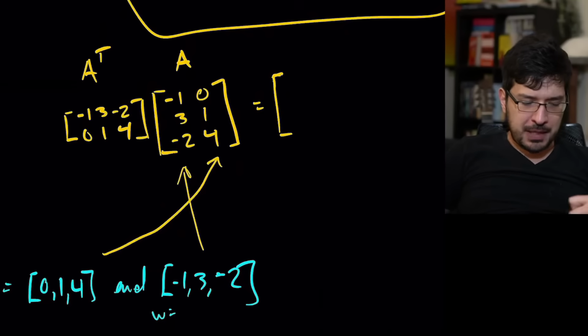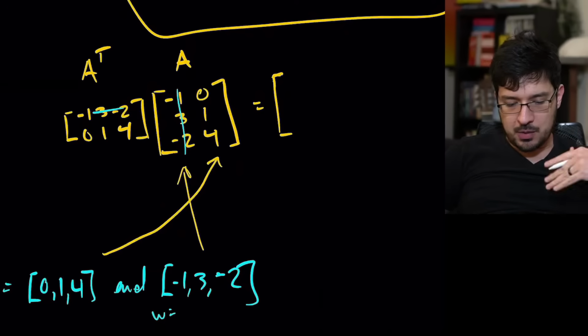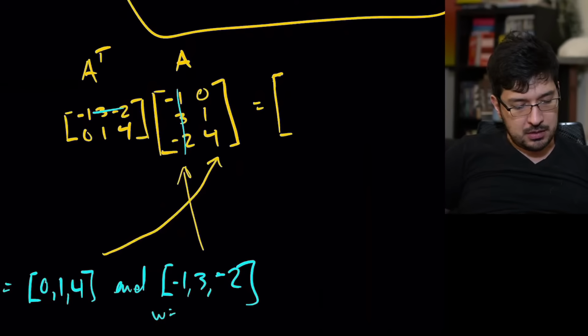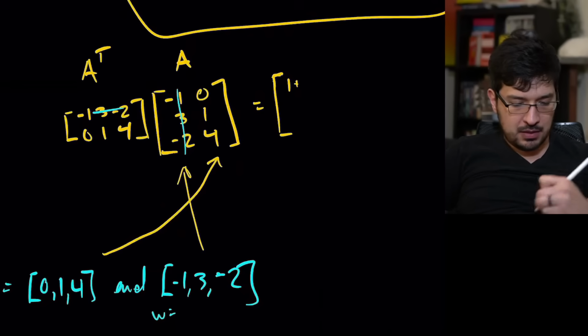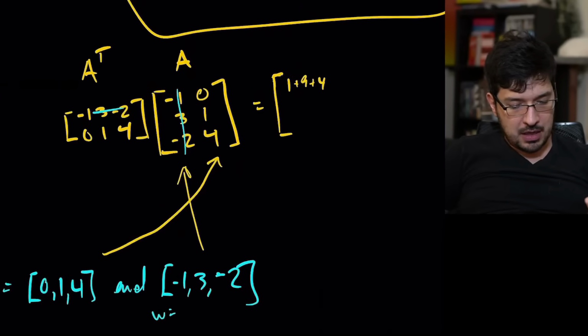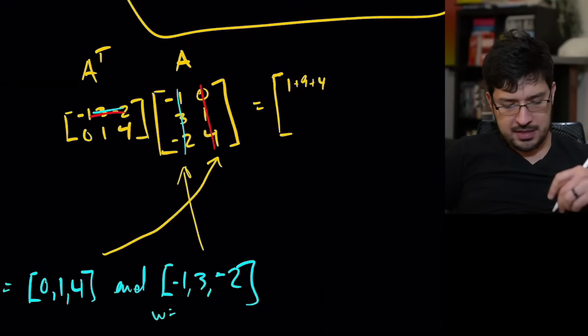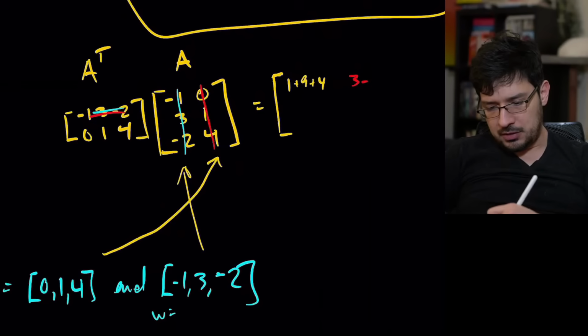When you multiply matrices, you do a dot product of a row and a column. So here, -1 times -1 plus 3 times 3 plus -2 times -2. And then we're doing that row and this column: -1 times 0, 3 times 1, and -2 times 4.